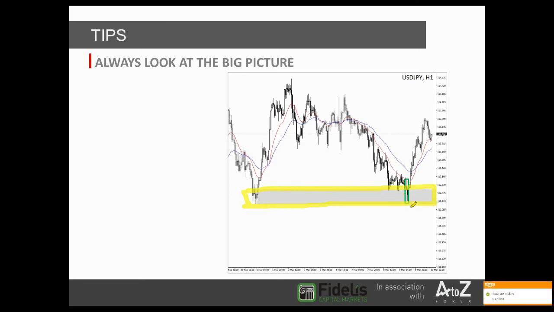Okay, so basically, just look at the big picture, okay, and see that I was almost trying to short in a support area. That's a dumb idea, right? But if you don't look at the hourly chart or daily chart or weekly chart, you can do that.